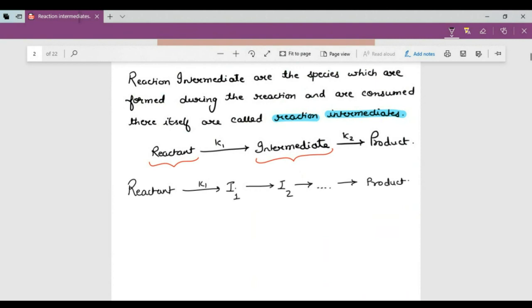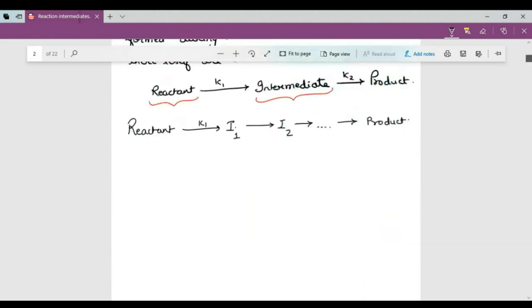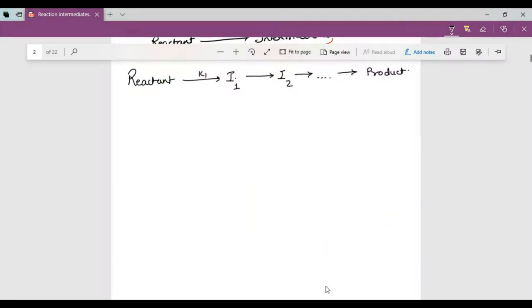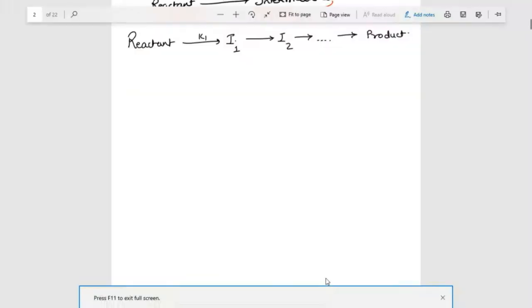Now what is so important about reaction intermediates? Basically, reaction intermediates control the total formation of products. Now, how do they control the total formation of products? I hope you all are aware of a little kinetics requirement in understanding this reaction mechanism.